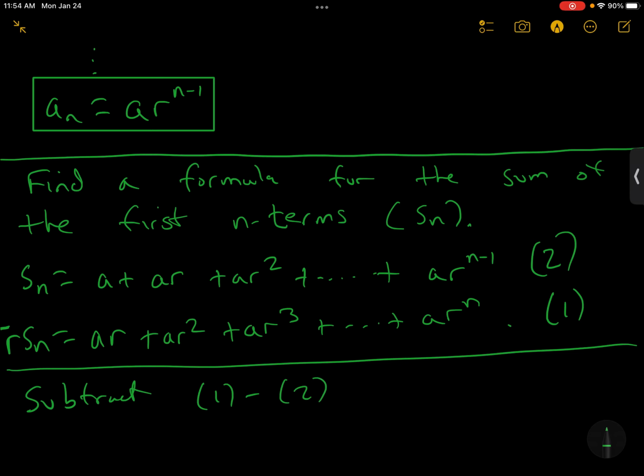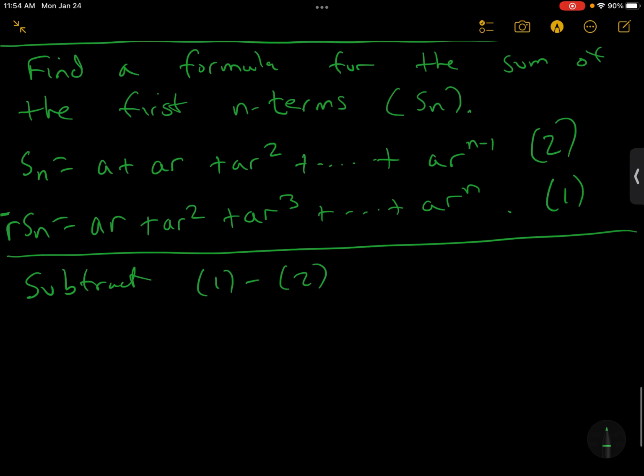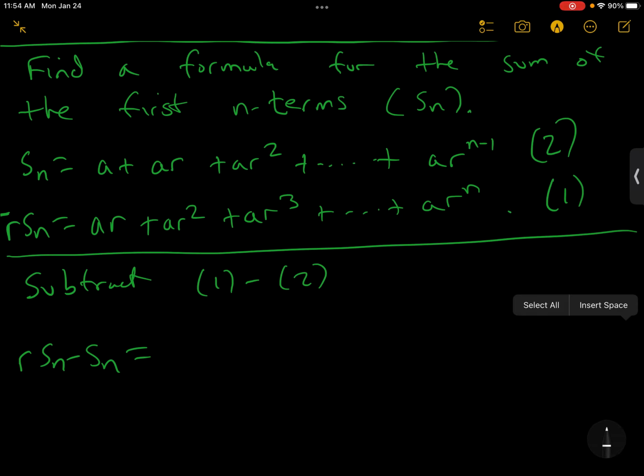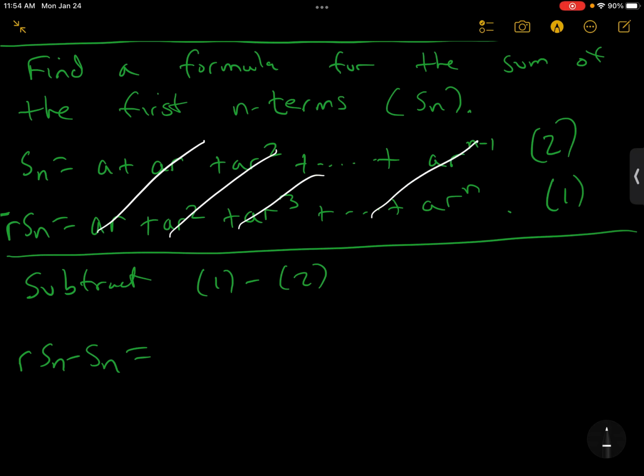So we have r Sn minus Sn on the left here. And this is a really cool technique we use in mathematics all the time. So when you subtract, these guys go away, these guys go away, these guys go away, and this last term goes away, and all that's left is Ar to the n minus A.